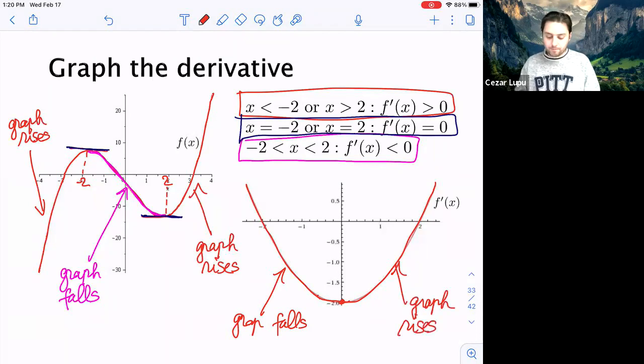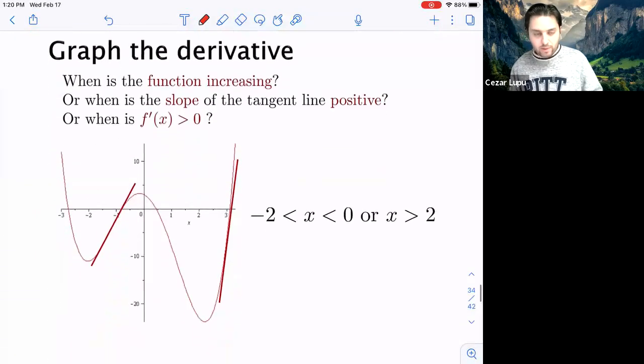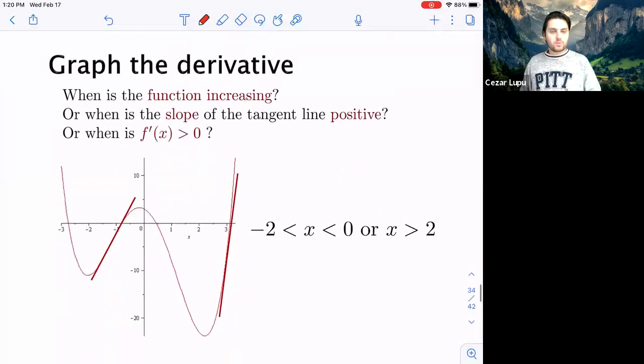All right. Beautiful. So that's the relationship between these two. Let's say one more time: when is the function increasing, or when is the slope of the tangent line positive?